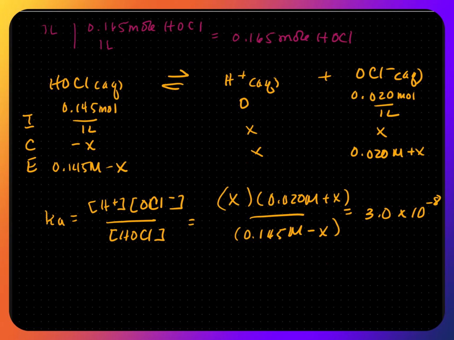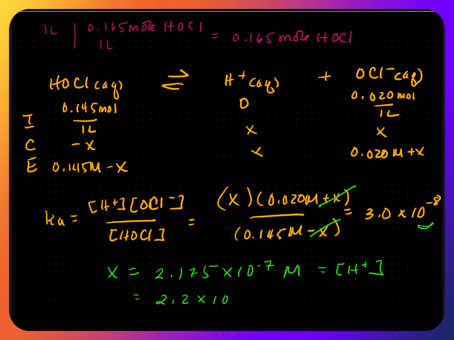I'm going to assume this is going to fall into the 5% rule because my exponent here is so small, so X approaches 0. X equals 2.175 times 10 to the negative 7th molar. This is my H plus concentration. With correct sig figs, I need 2, so this is actually 2.2 times 10 to the negative 7th molar.